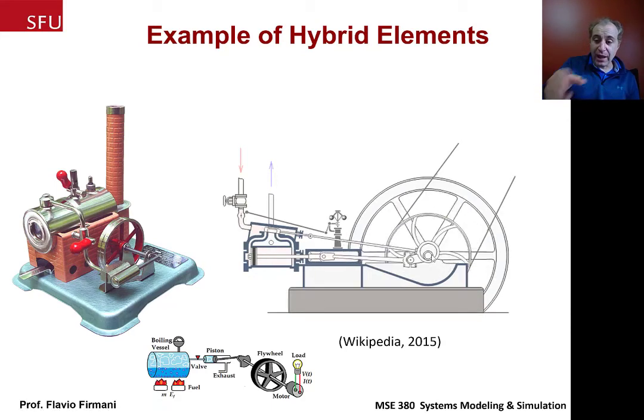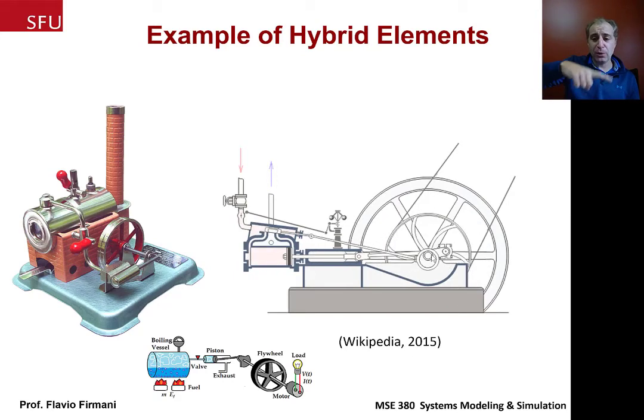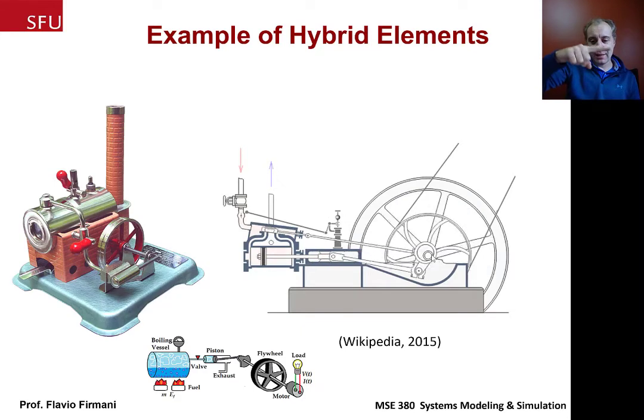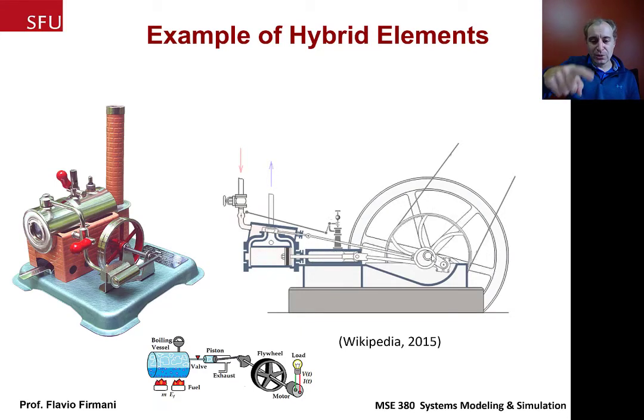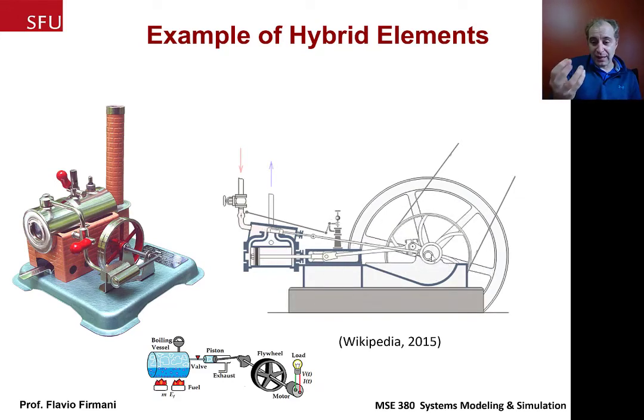The flywheel will be connected to a pulley, and the pulley would give you a torque that will be related to the armature current of the electric circuit, and eventually we're going to have a resistor that can model the light bulb.